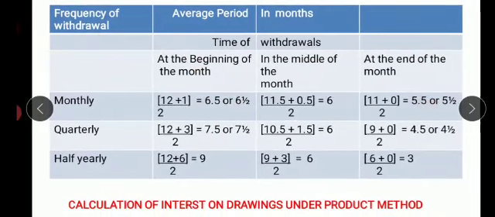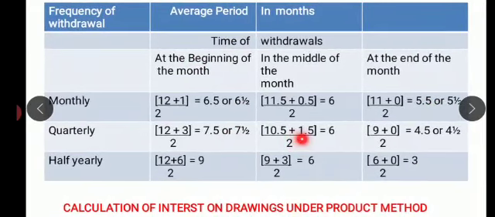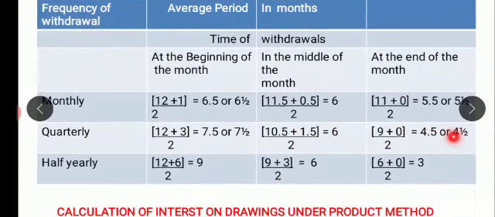If it is quarterly, your average period at the beginning will be 12 plus 3, so it is 7.5. In the middle, it will be 10.5 plus 1.5, that is 12 upon 2, it will be 6. If it is at the end, 9 plus 0, it will be how much? 4.5.